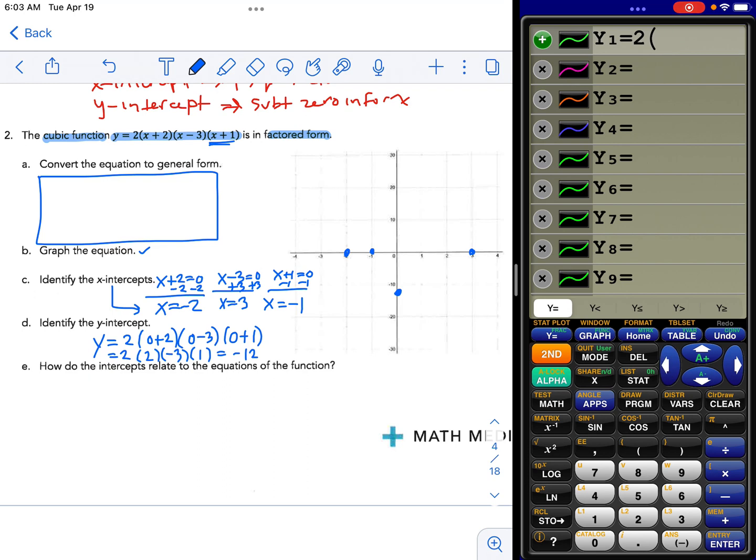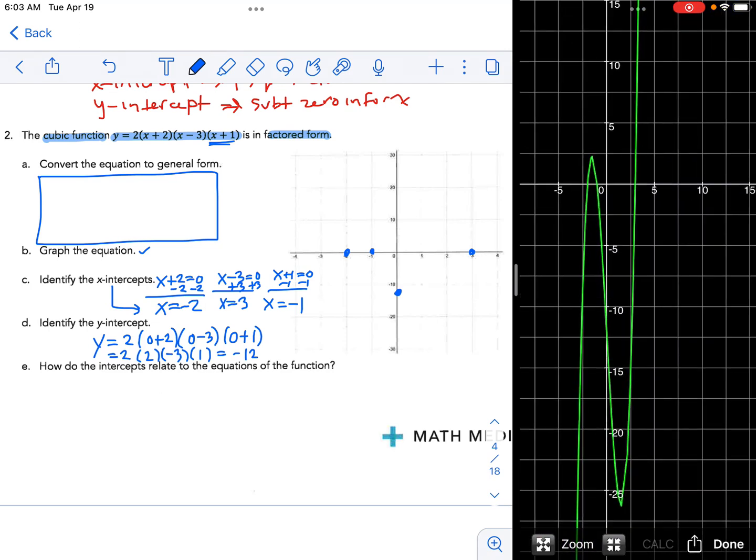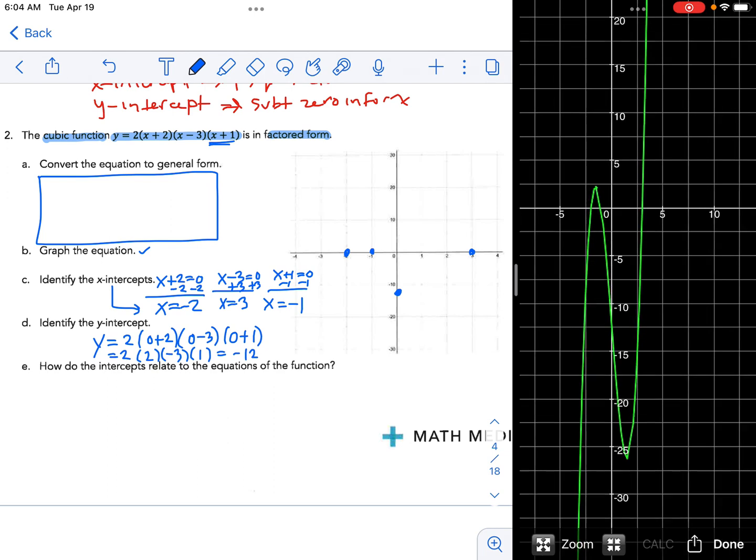2 times the quantity x plus 2 times the quantity x minus 3 times the quantity x plus 1. So when we graph this, it basically looks like this.